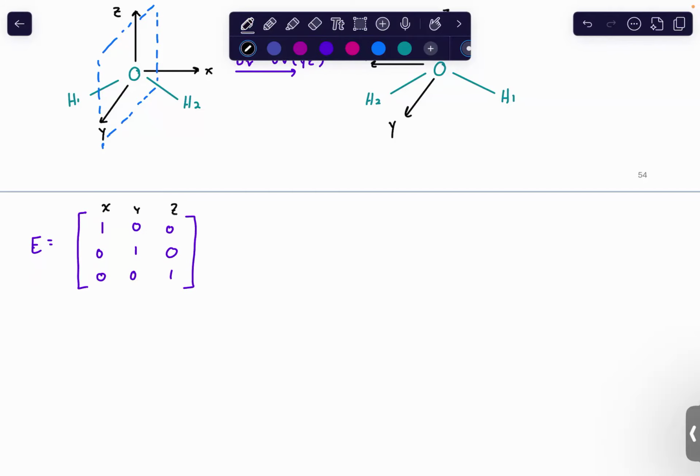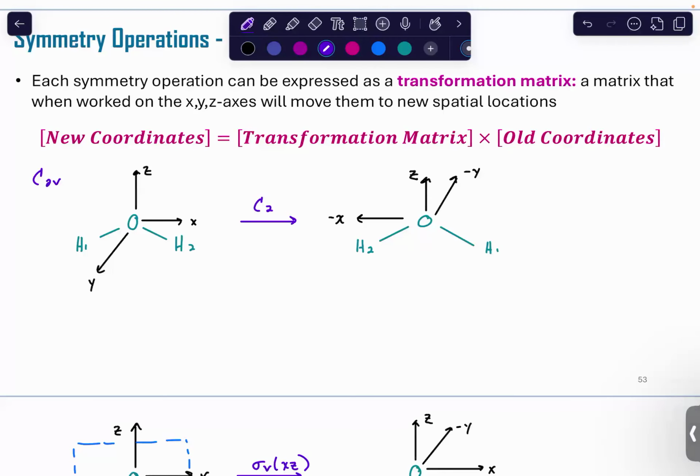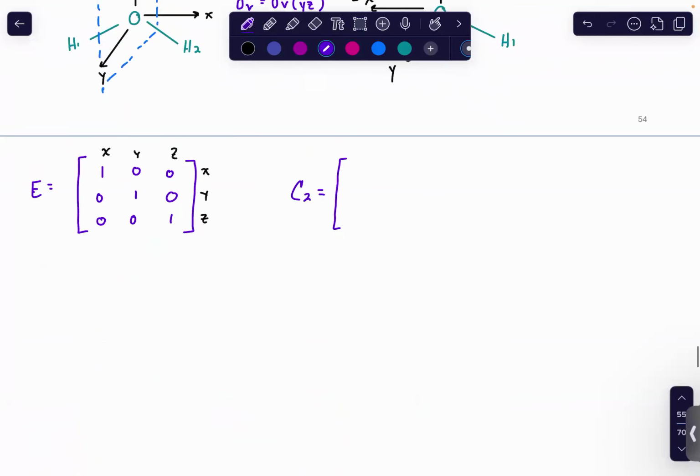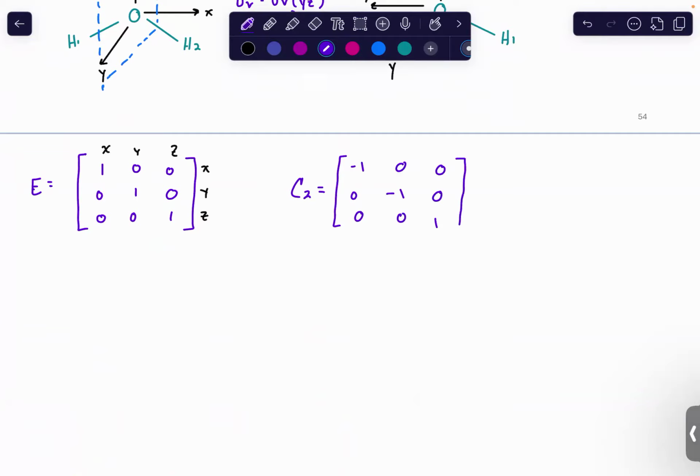But let's think about our C2 rotation. Let's go back up and take a look. Z stays the same, so that'll get a 1. X and Y flip, what do you think they get? Negative 1. So this is going to be -1, -1, 1. Fill in your zeros. That is your C2 rotation matrix.